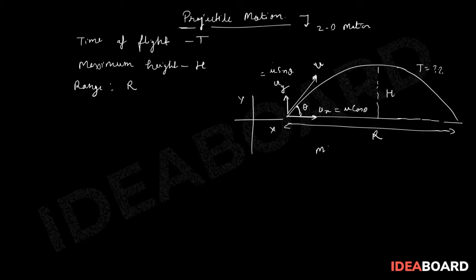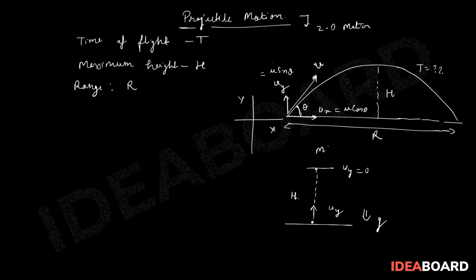Now you need to understand that whenever you project a particle upwards, let's say with velocity uy, it is going against gravity. So at a certain moment, when it achieves maximum height, the final velocity vy is instantaneously zero, right?